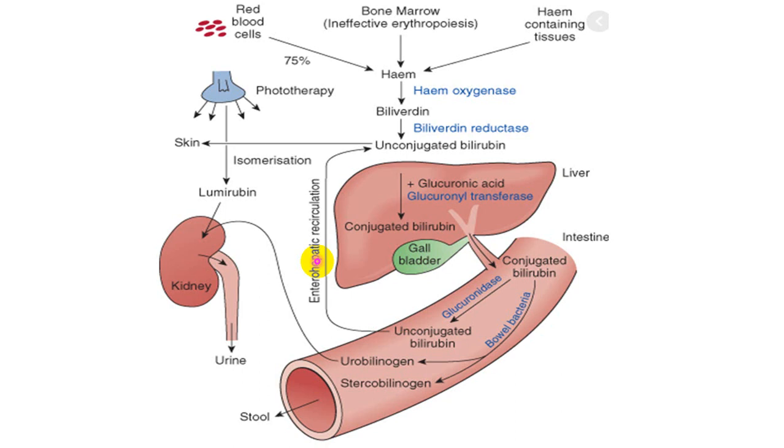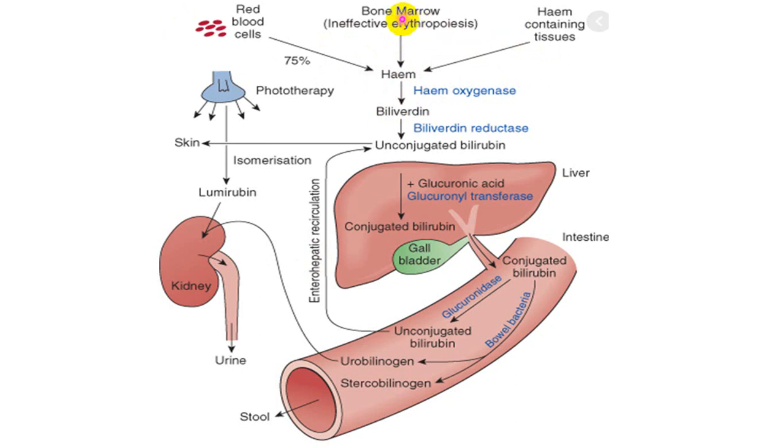So when RBC turnover, when the lifespan of RBC reach more than 120 days, it will be destroyed in the reticuloendothelial system, which resulting in release of hemoglobin. As its name implies, hemoglobin consists of two parts: heme, which is the iron containing part, and protein, globin.